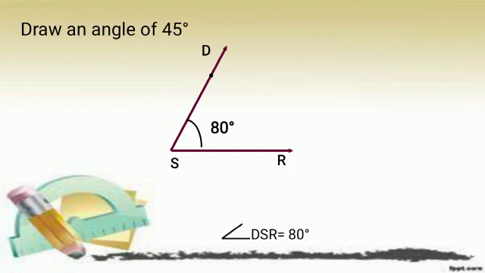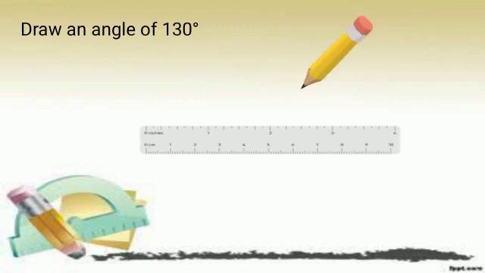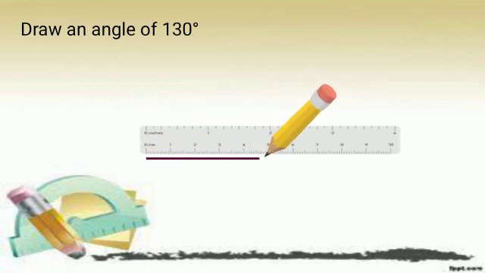Let's try to draw some more angles. This is an obtuse angle, that is 130 degrees. So what you're going to do here, the same method you have to follow. Ruler, then with the help of a pencil you draw a ray. If you want you can draw on the left hand side also.